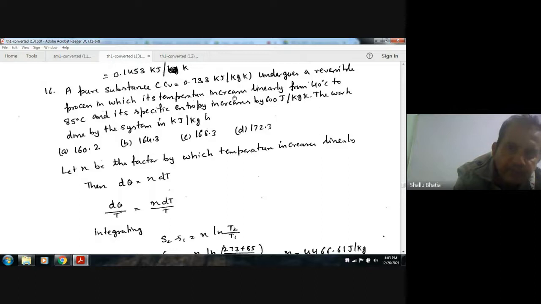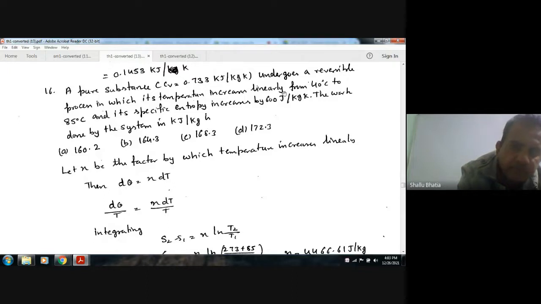The temperature increases linearly from 40 to 85, and the entropy increases by 600 with temperature.